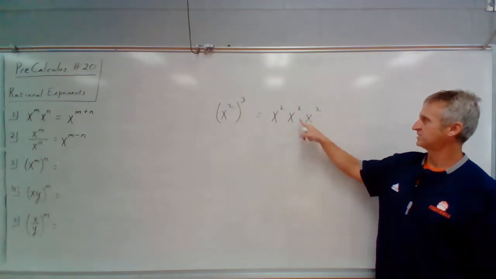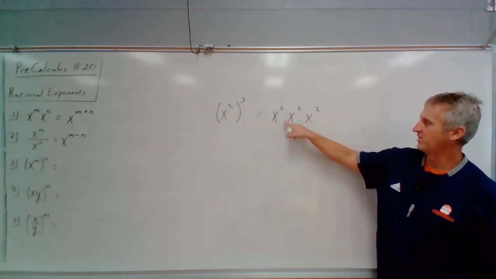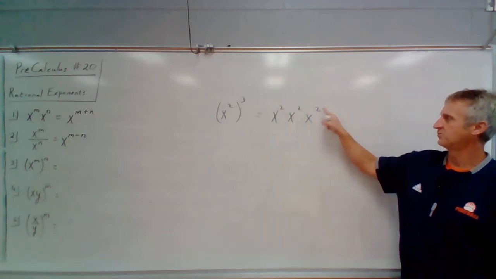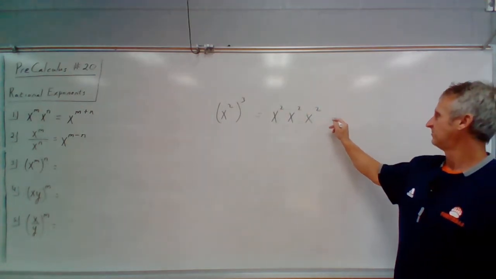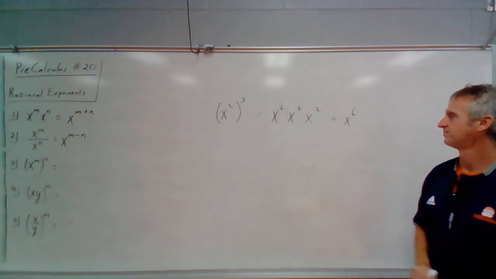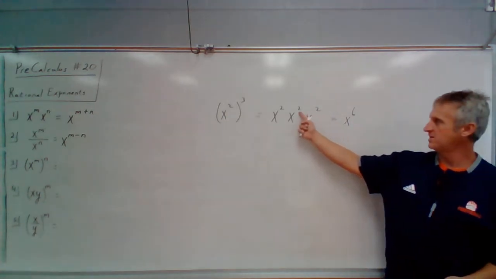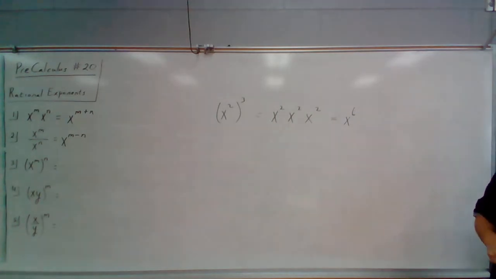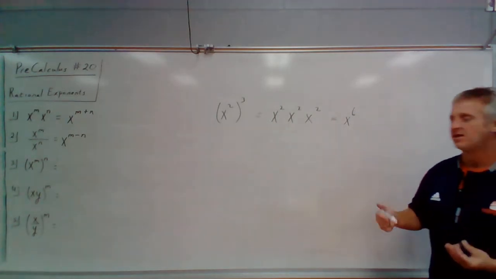The bases are the same, I'm multiplying together, so I should add the exponents. 2 plus 2 plus 2 would obviously be 6. So I have 3 sets of 2's that I'm adding together, so I would be multiplying 3 times 2 and get x to the 6th.